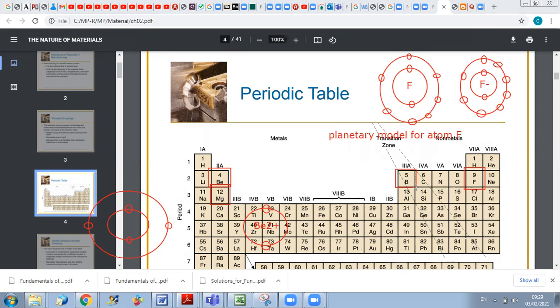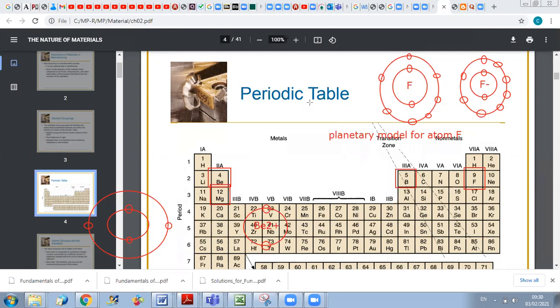What ion will B give me? Yalla, who will tell me? You have 2 electrons on the first shell and 3 electrons on the second one. Very good. So it will lose 3 and become B 3+.